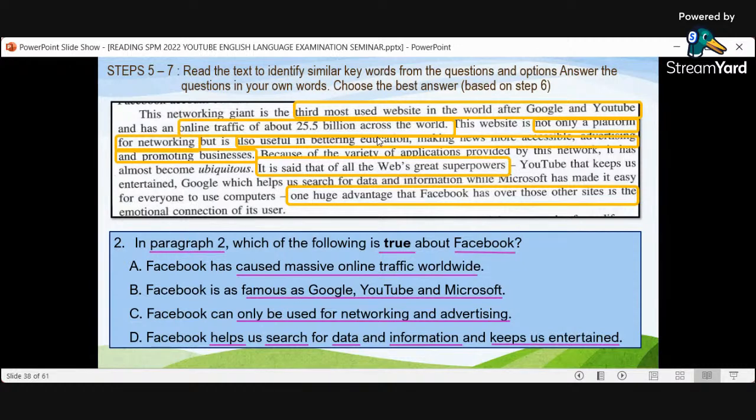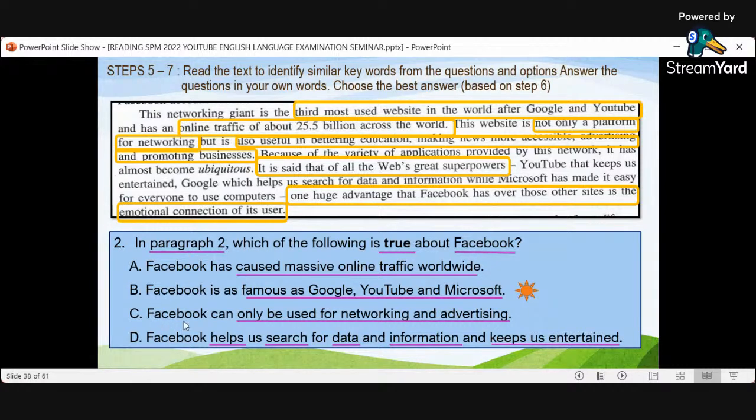One huge advantage Facebook has over other sites is the emotional connection of its users. All right. What does it mean? It means that it has an emotional connection, is as famous as Google, YouTube, and because here that doesn't talk anything about massive online traffic.